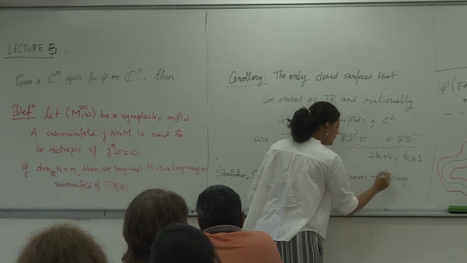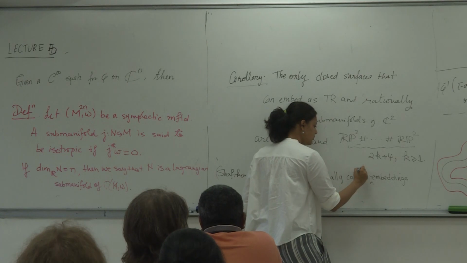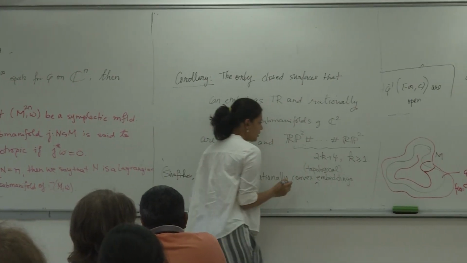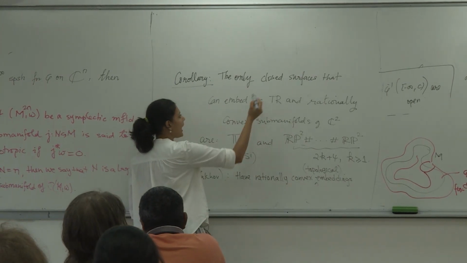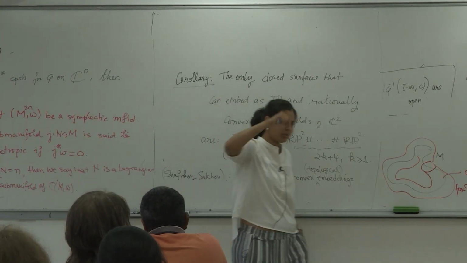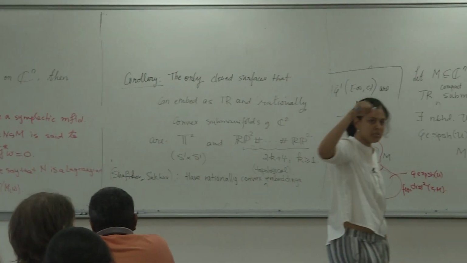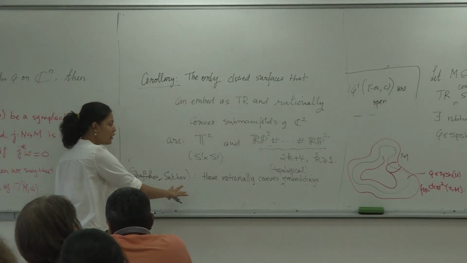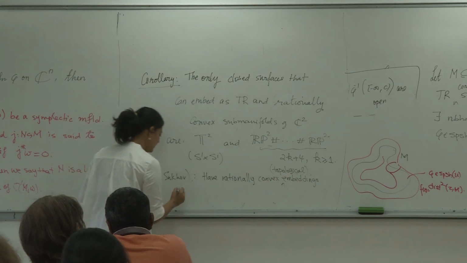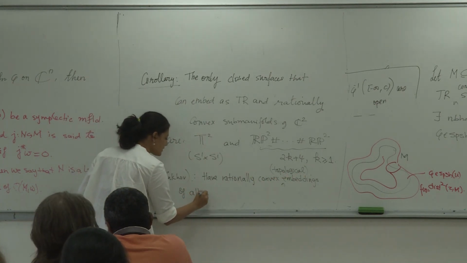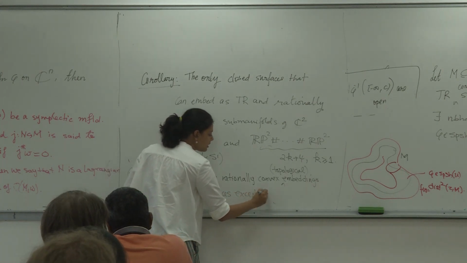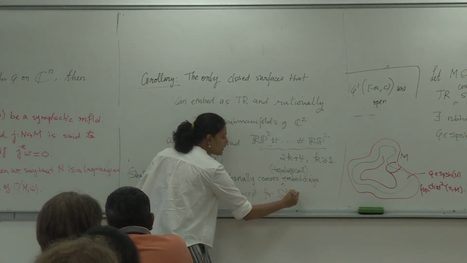When I say these are singular, these are only topological embeddings. They are coming from Lagrangian embeddings, but you're allowing certain singularities, and once you allow certain singularities, the earlier result doesn't step in. So they have rationally convex topological embeddings of all surfaces except for the 2-sphere and RP2.